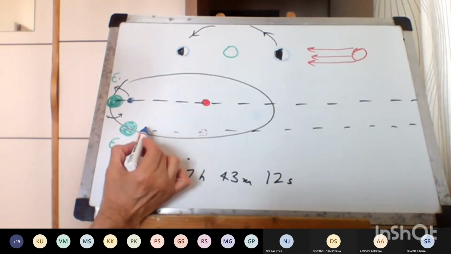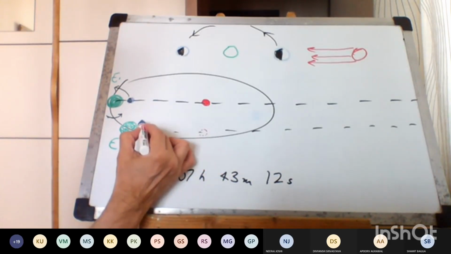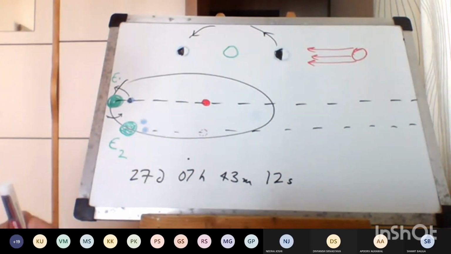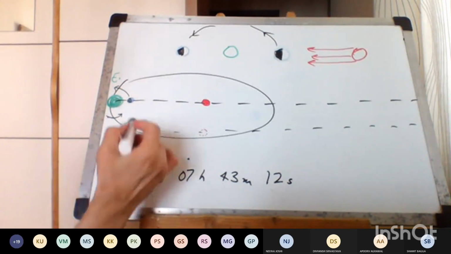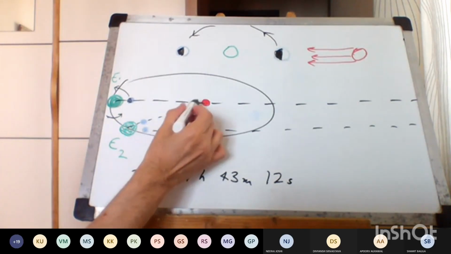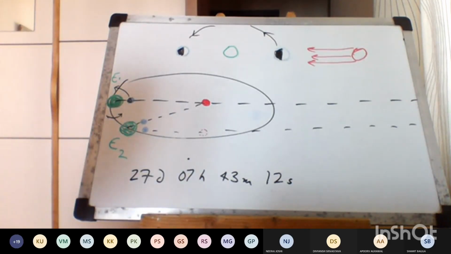When the moon has come to this point. Am I right or no?